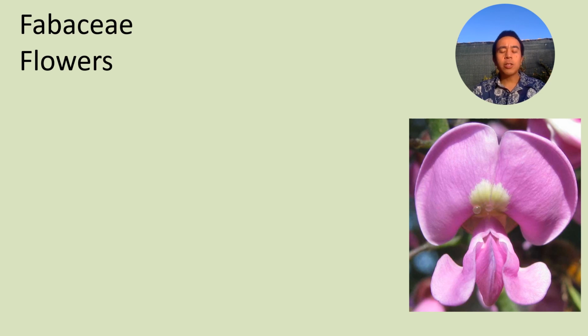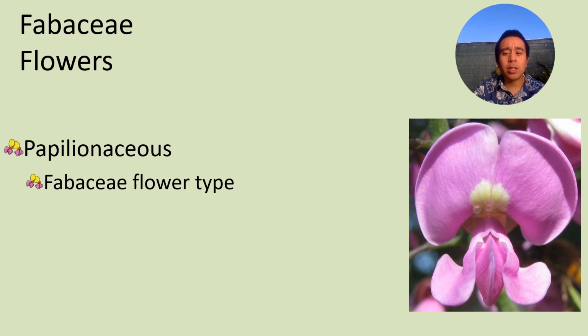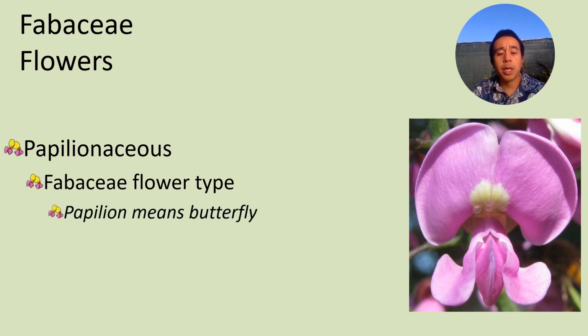Fabaceae flowers are very distinct because they have these papilionaceous flowers, a Fabaceae flower type based on the term butterfly, because papilio means butterfly. If you look at the flower below me, it often might look like a butterfly itself.